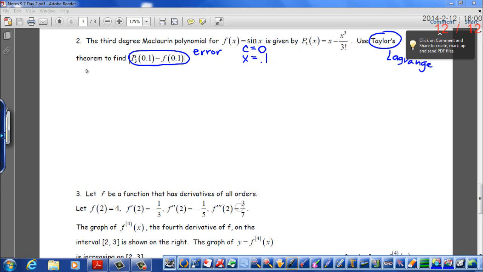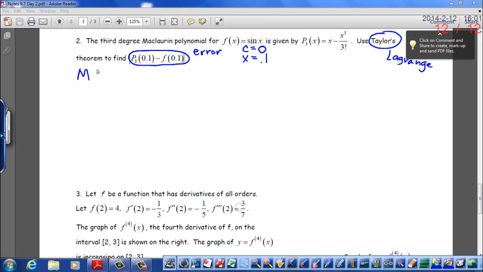All right, so ultimately we're looking for big M, which would be the maximum of our next derivative. Now, if we used the third degree Taylor polynomial, then our error is going to be dealing with the fourth degree.